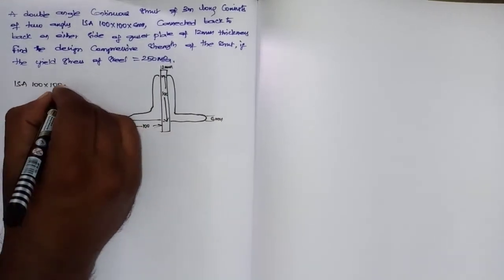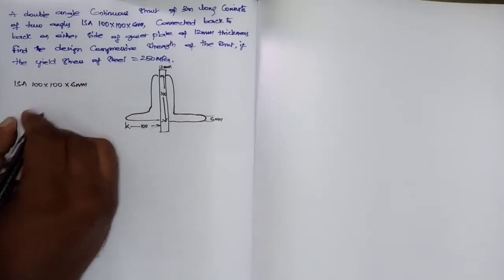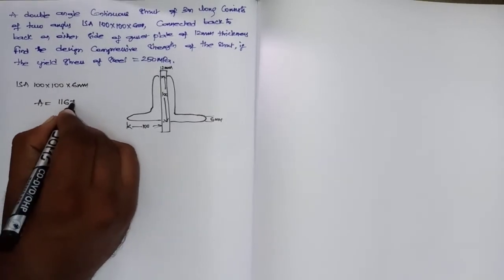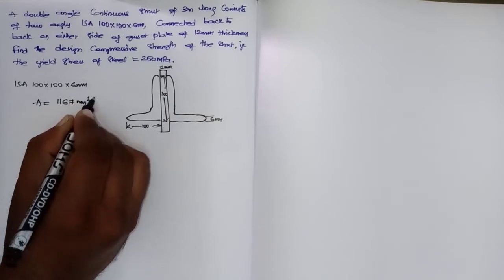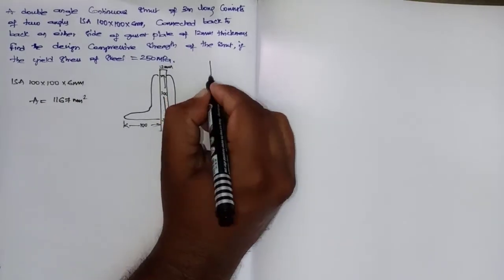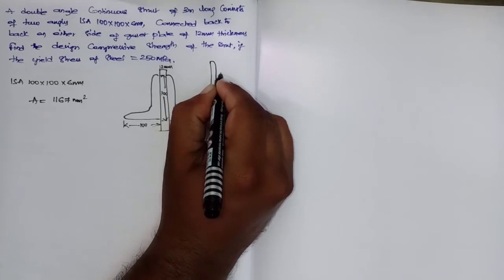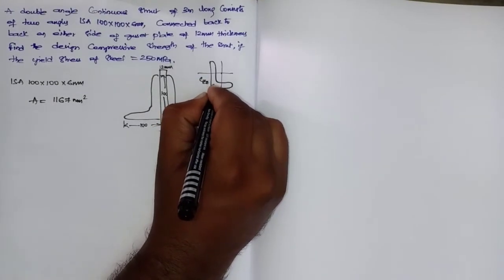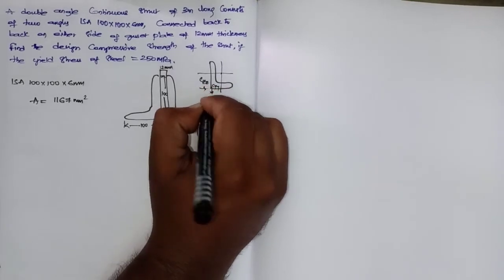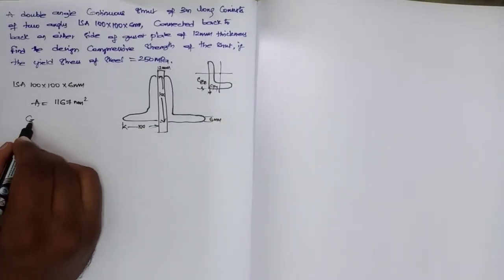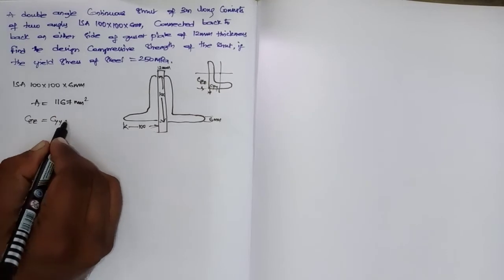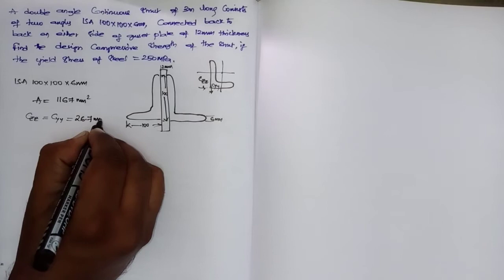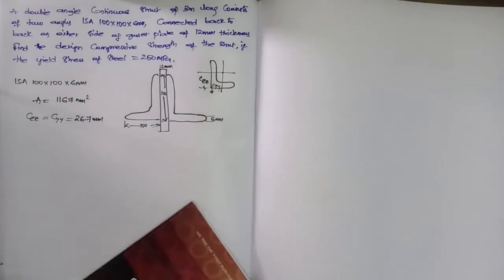Now if I write the properties for ISA 100 by 100 by 6 mm, the area is 1167 mm square. If I take an equal angle section, the centroid will be the same, meaning CZZ and CYY both will be the same. So CZZ equals CYY, which equals 26.7 mm.